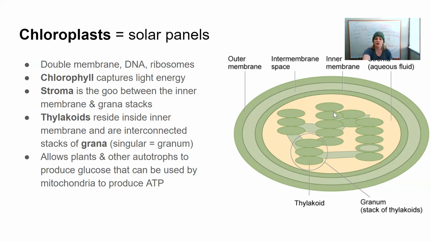So anyway, just know that the chlorophyll is inside the chloroplast, and it's the chlorophyll that is actually capturing the energy from the light, breaking apart a water molecule in order to allow photosynthesis to occur. So this is how plants are able to make sugar, and then they can throw that sugar into their mitochondria, which then does cellular respiration and uses that sugar, breaks it down to make ATP.